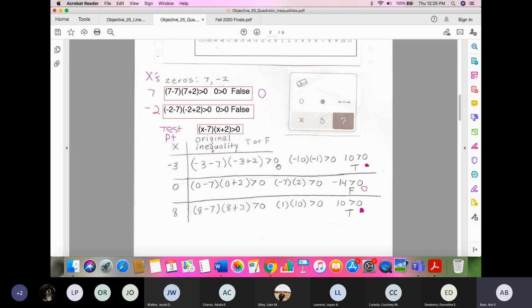We want to know if that's true or false. -3 minus 7 is -10. -3 plus 2 is -1. So we have -10, and then we have greater than 0. We have -10 times -1, which is +10, greater than 0. Is it? And then you want to ask yourselves, is it true or false? And 10 is indeed greater than 0. That is true.